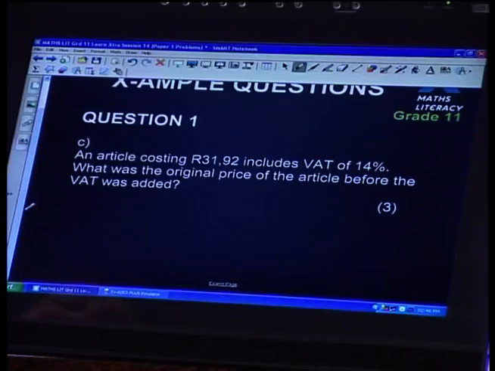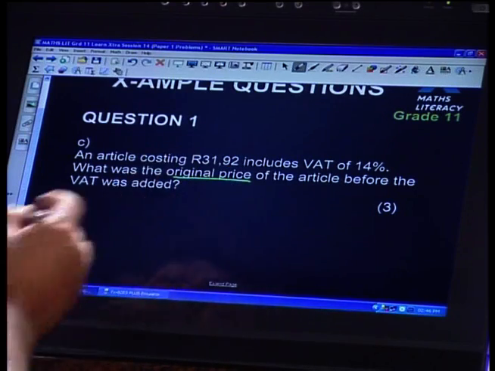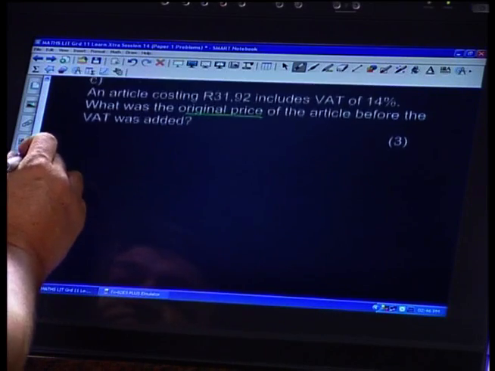And so what we are saying in this question is this. An article costs 31 Rand 92, but it includes the VAT of 14%. So what was the price before we added the VAT? Now let's have a look at this.